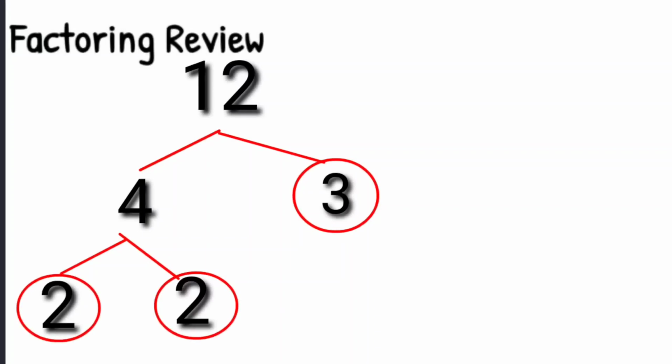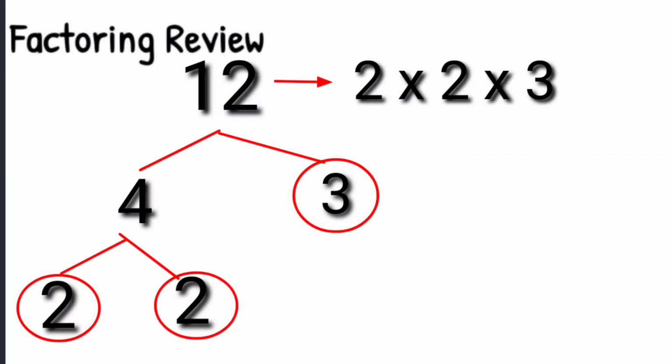It means that the prime factors of 12 are 2 times 2 times 3, which is equal to 12. As we can see, 12 is equal to 2 times 2 times 3. Now if you need further review, go back to the lesson about prime factorization.